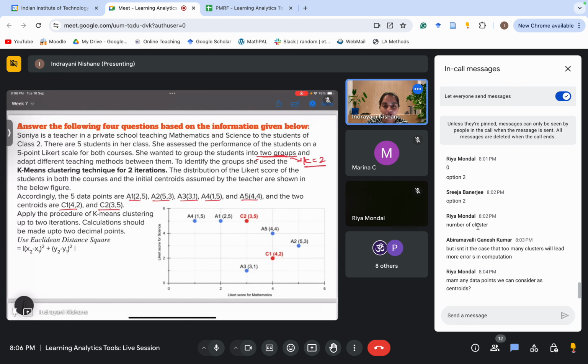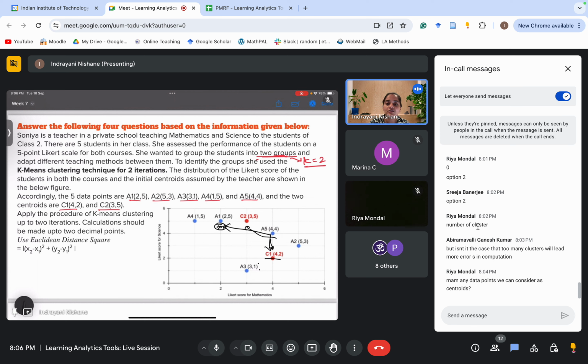Visually we can see that a5 is close to both c1 and c2. So when the averaging happens, the new average is somewhere here. The old c1 remains roughly the same, it also changes but remains closer to 4,2. So now this distance may be lesser than this particular distance, and this point may shift from cluster 1 to cluster 2 in the second iteration.